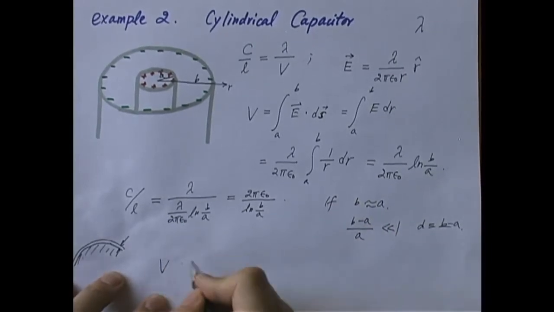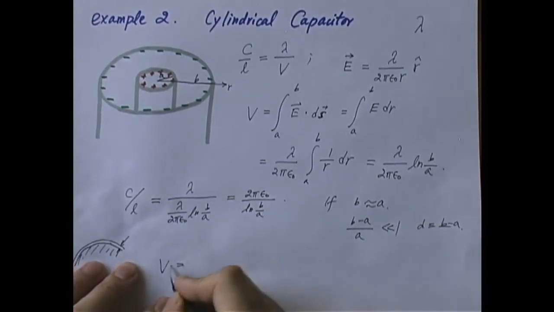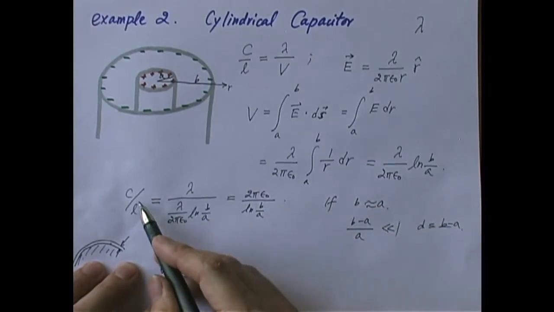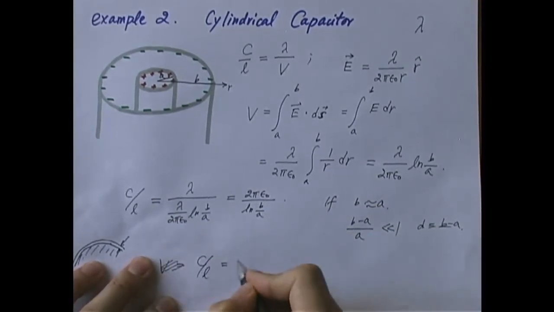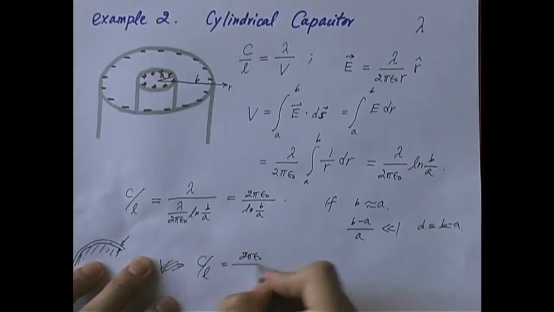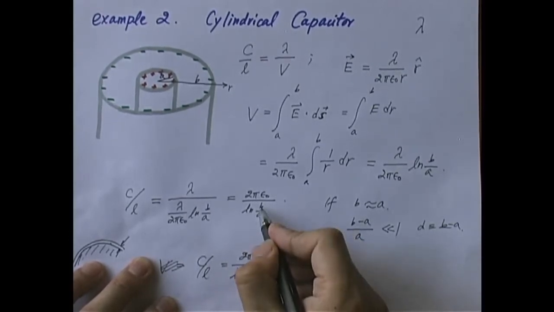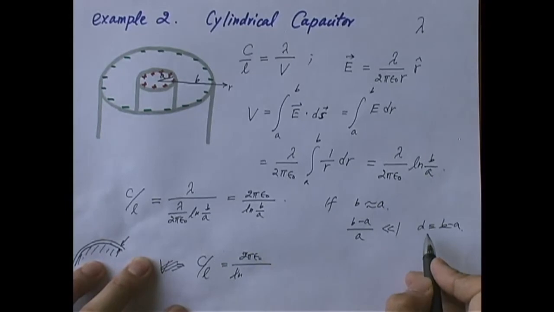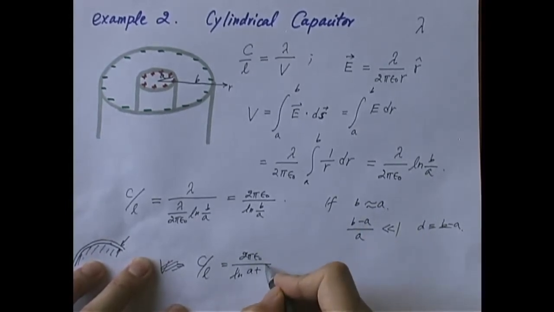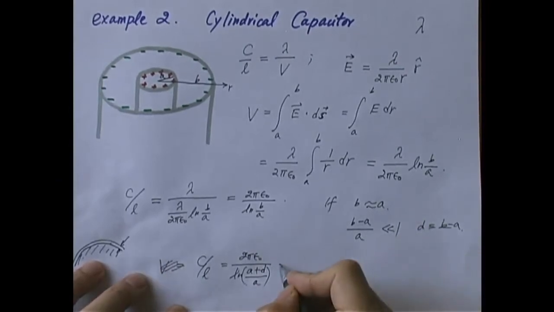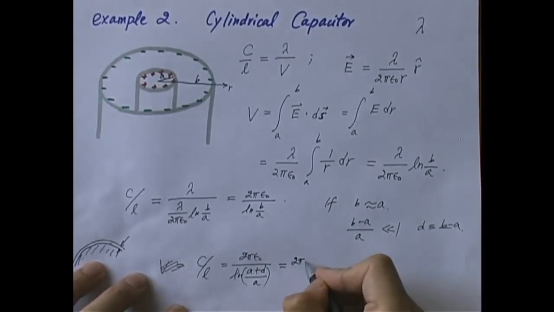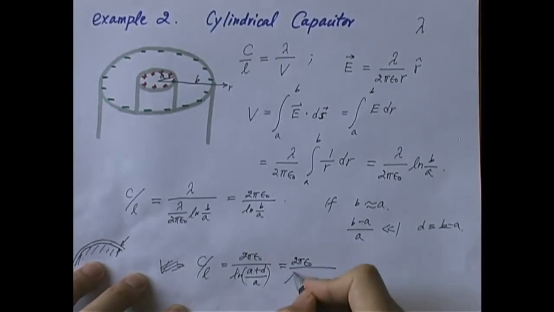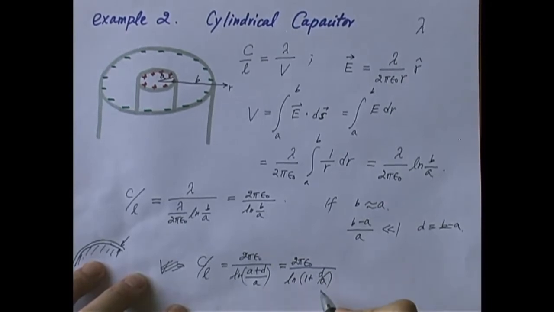Let's just use C over L. So C over L is 2 pi epsilon naught divided by natural log, instead of B over A, I'm rewriting B as A plus D, so it's A plus D divided by A. There is no approximation here, but I can rewrite this as 2 pi epsilon naught divided by natural log of 1 plus D over A. And you notice that D over A is very close to 0. It's much less than 1.